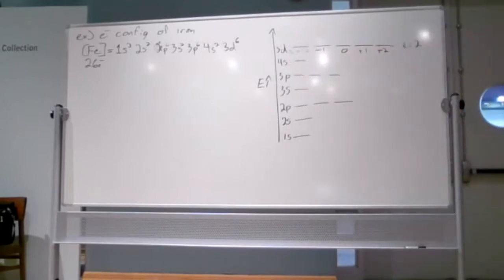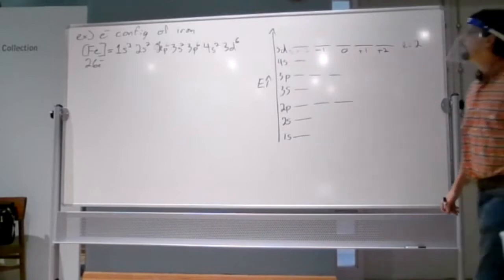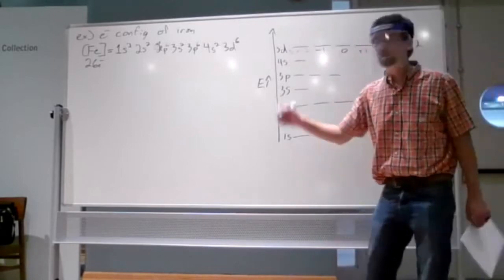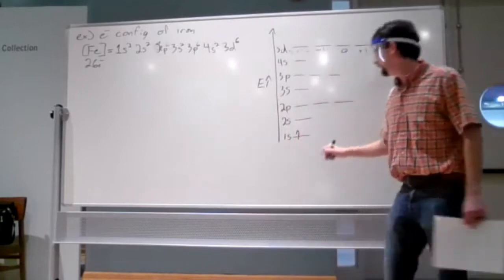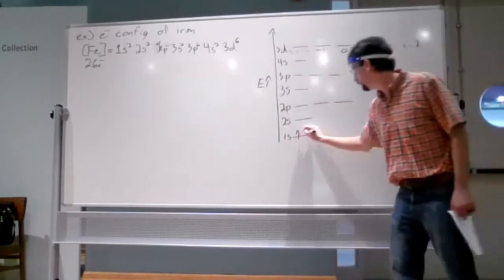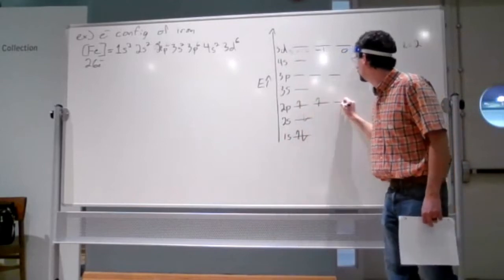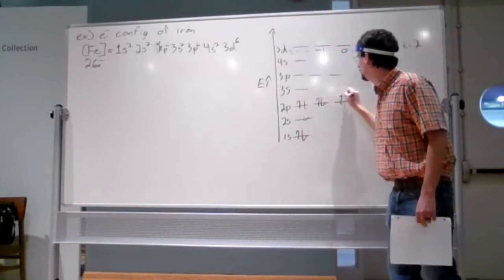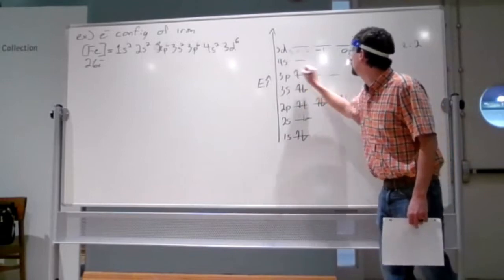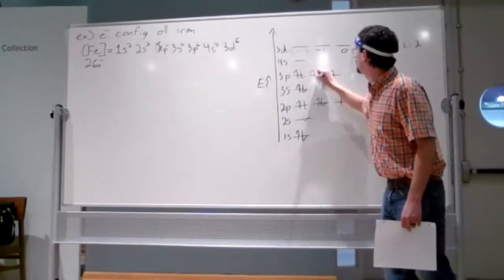Okay, let's start filling electrons. How many electrons do we have to fill again? 26. So remember, you start spin up. That one has as many spin up electrons as it can hold. So we do spin down, spin up, spin down, down, up, down.